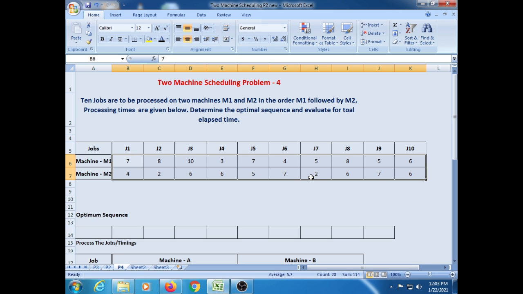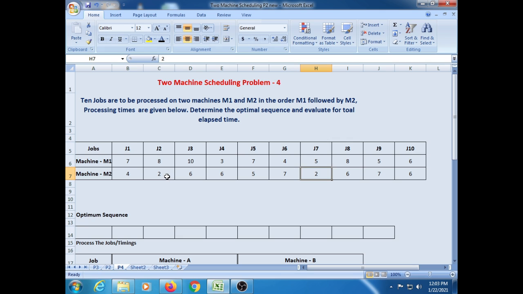So 2 is the lowest processing time among all the processing times. Here we have one 2 relating to job 2 and machine 2, and one more 2 processing time relating to job 7 and machine 2.